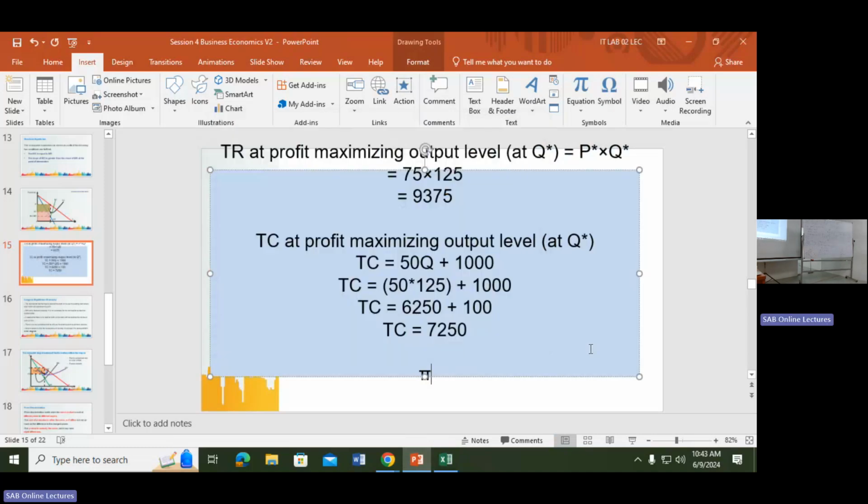Profit equals TR minus TC, that is 9,375 minus 7,250. How much is it? Is it 2,125?